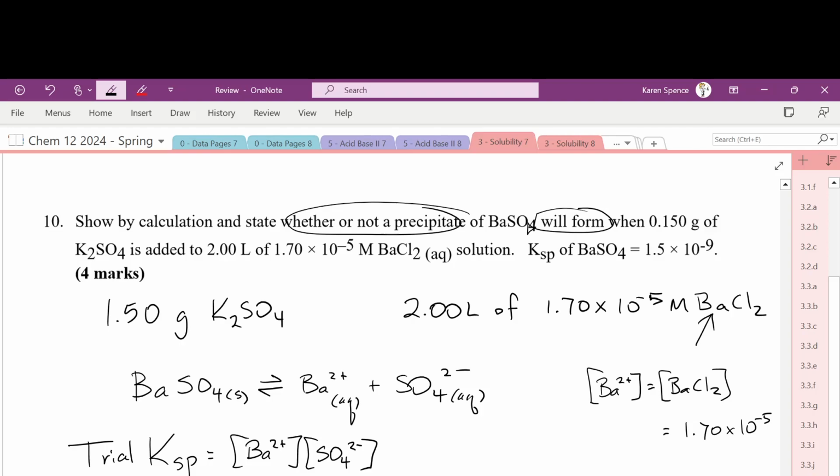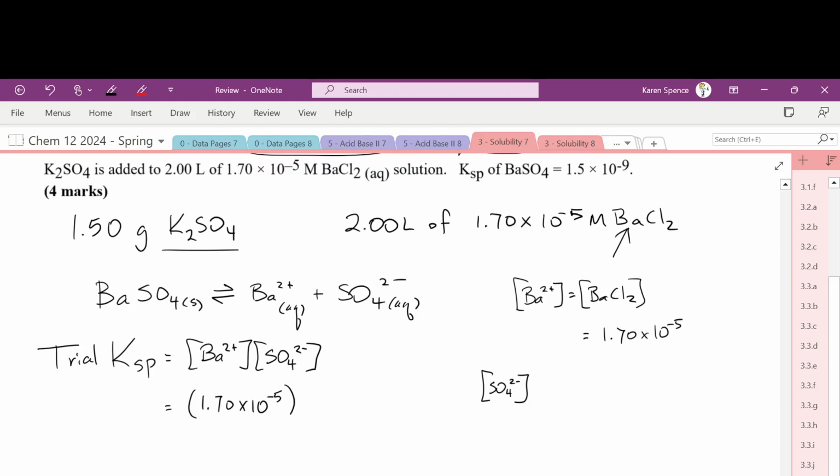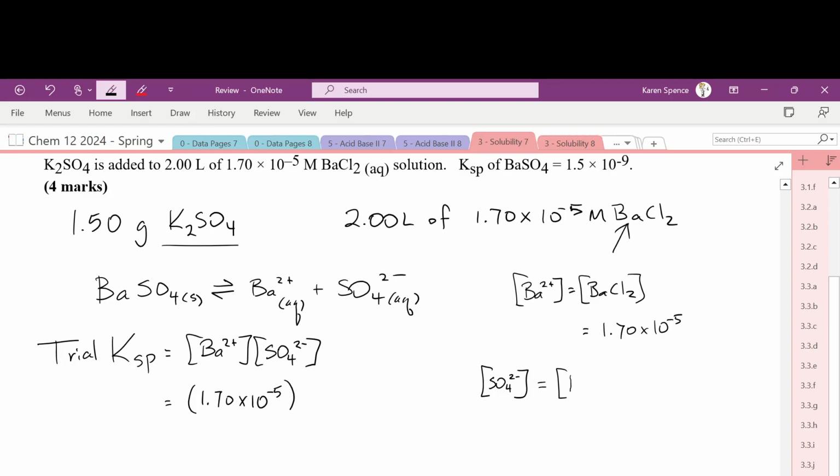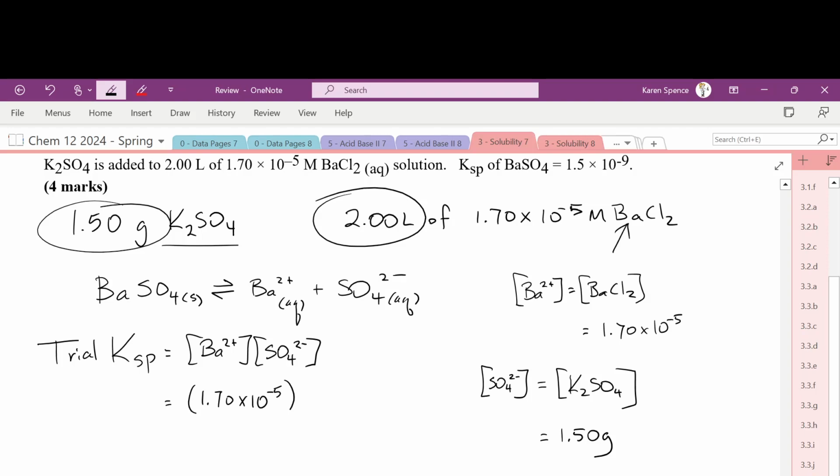Concentration of sulfate, well, there's one sulfate in every one K2SO4, so that's going to be equal to the concentration of K2SO4. And I have 1.50 grams, and I've dissolved it in that 2 liters of solution, so that's per 2 liters.